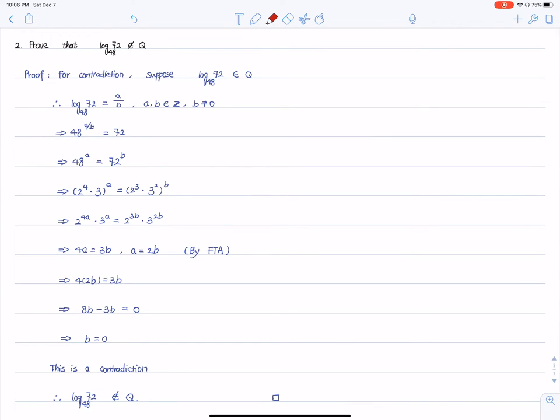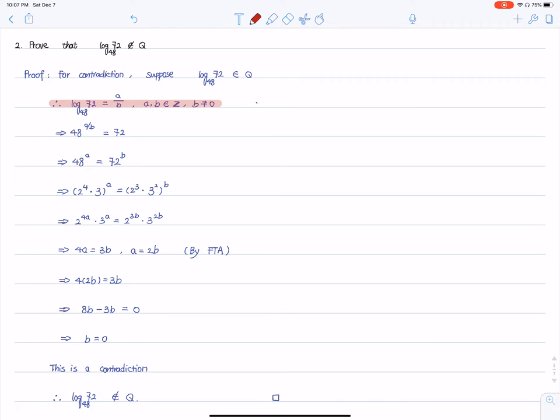The next question is quite important. This is a very typical 102 question. Show that the logarithm of this is not rational. Again, the most natural way is to use contradiction. Suppose it is rational, then you can write it as a over b, where a, b are integers, b is not 0.